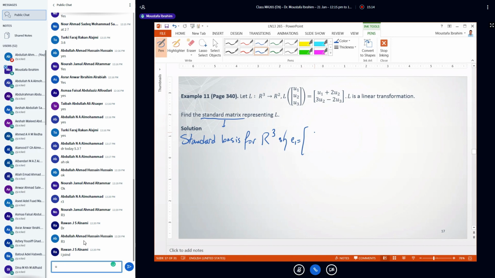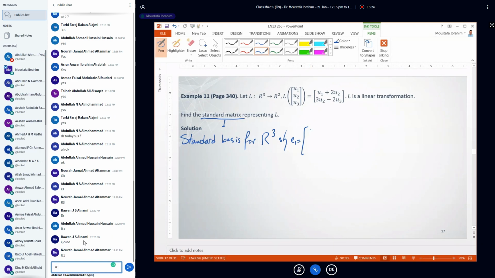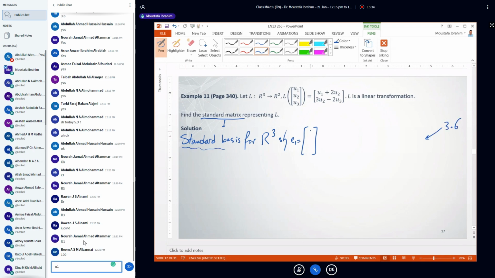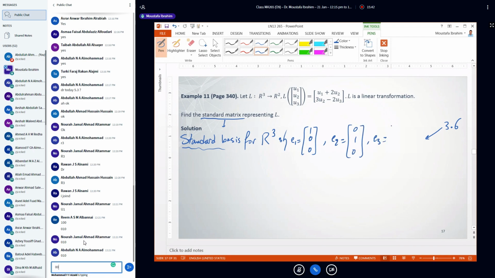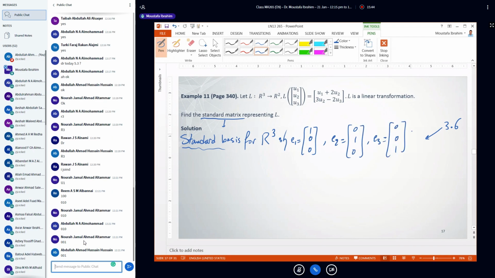You have to put them by order, guys, you have to keep the same order. We have 3 components. Standard basis is 3.6. Yes, E1 is 1, 0, 0. Second one, E2 is 0, 1, 0, and E3, 0, 0, 1. So you see why we need 3.6? We need 3.6 to know what's the standard basis.